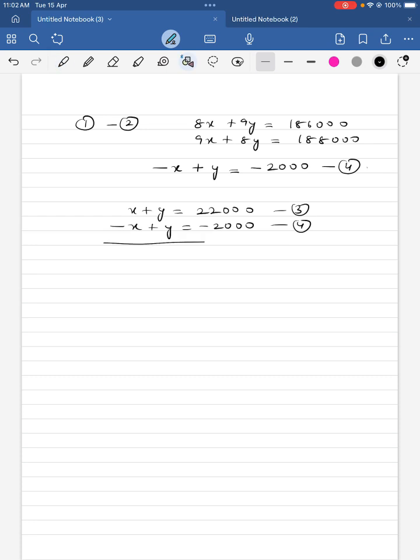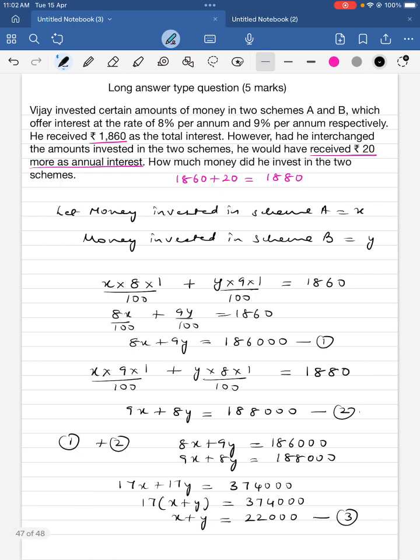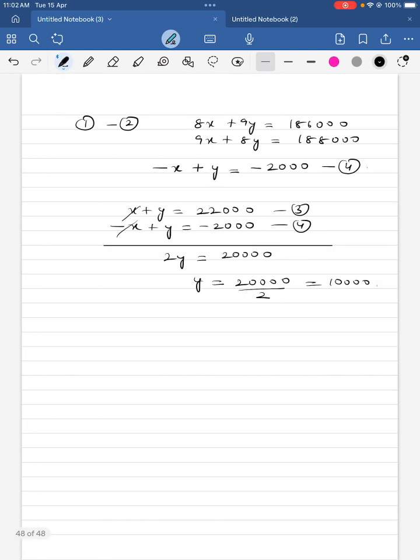So let me just add up the two equations, and I would have 2y equal to 20,000, which means y would be 20,000 divided by 2, or 10,000. Now we know that x plus y is equal to 22,000 from equation 3.